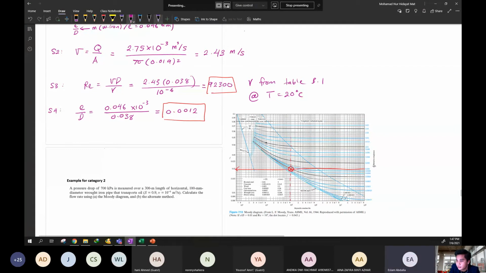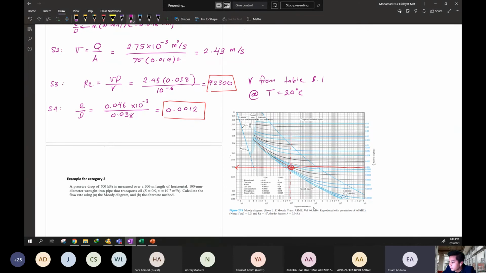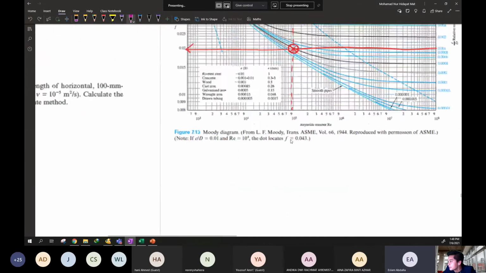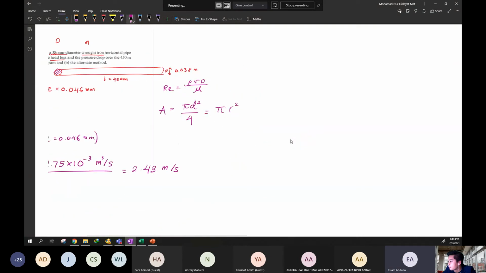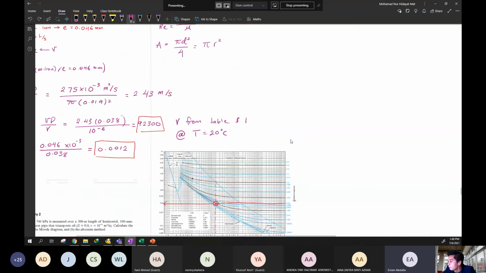Doctor, is it 10 power of 5 or 10 power of 4? Which one? The Reynolds number. This one? Yeah, it's power of 4, right? You choose down 10 power of 5, right? The one you choose is 10 to the power of 5.